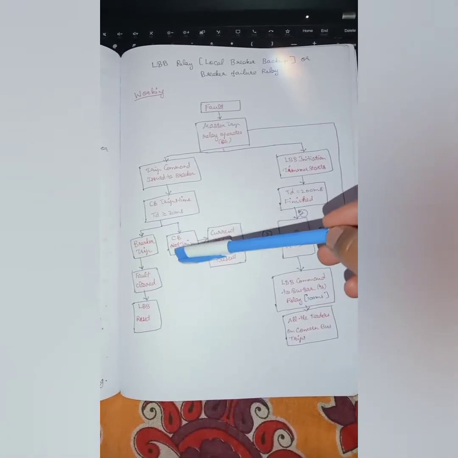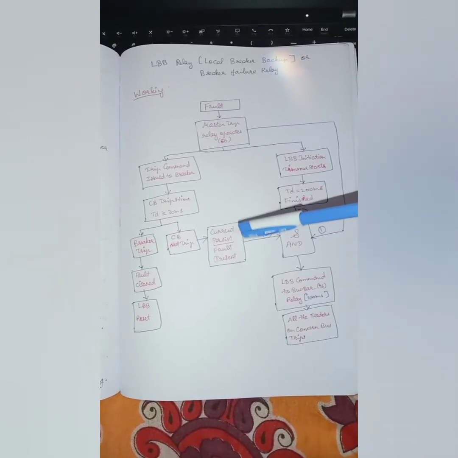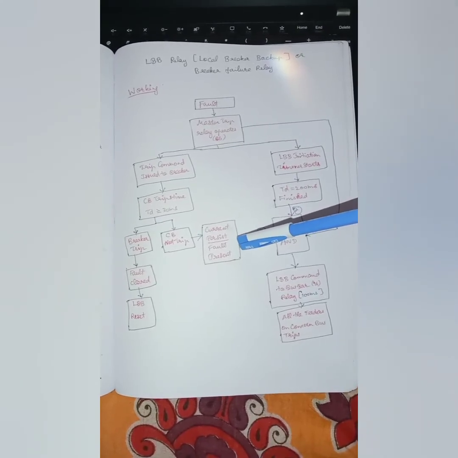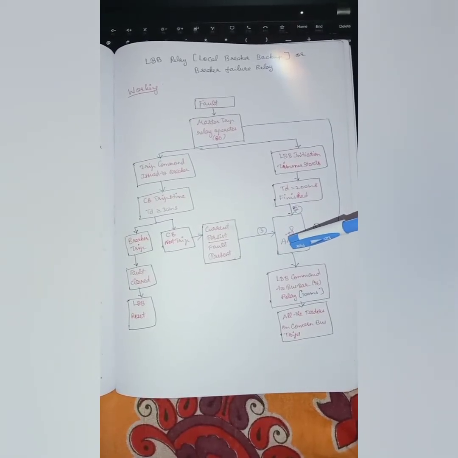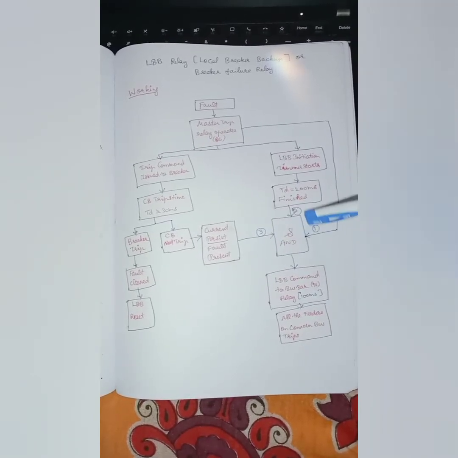If the breaker is not tripped, the current will be present and the fault will also be present, and it will further go to your UND relay and satisfy the first two conditions.